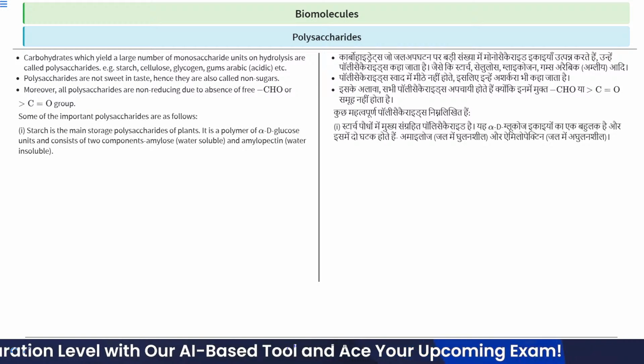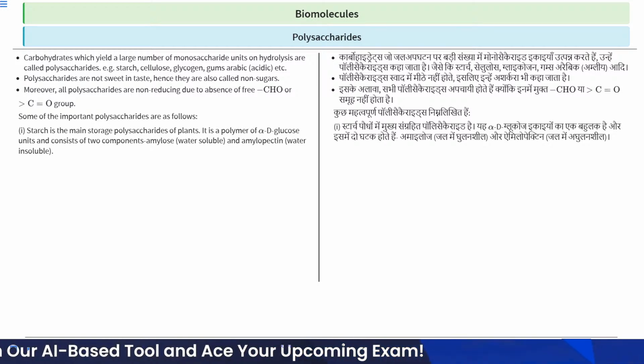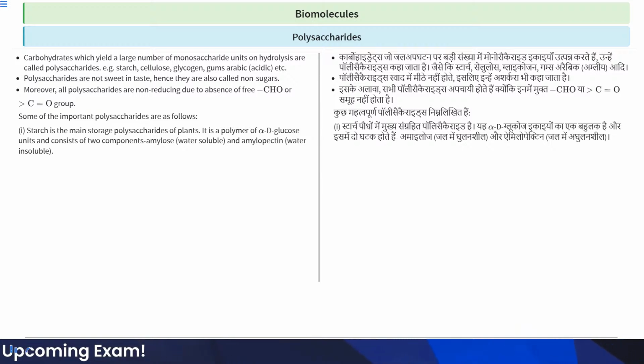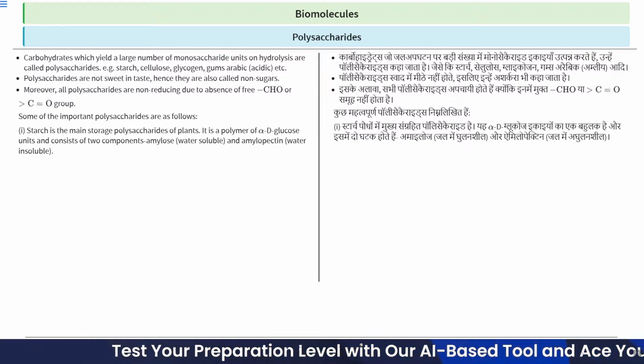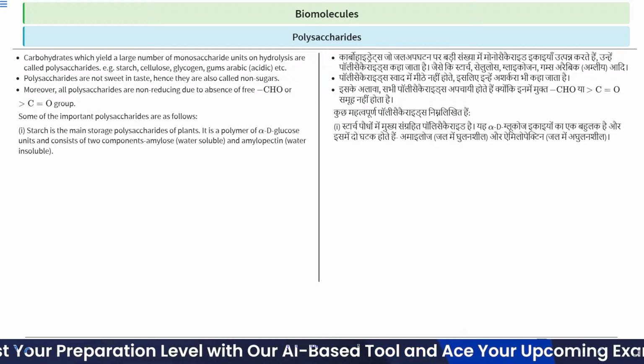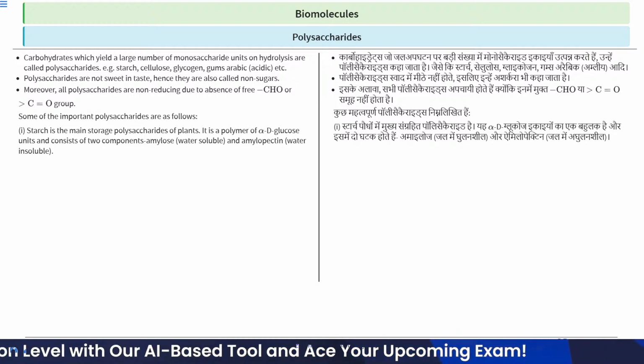First one is starch. Starch is the main storage polysaccharide of plants. It is a polymer of alpha D glucose units, which means by joining various alpha D glucose units we can form starch.